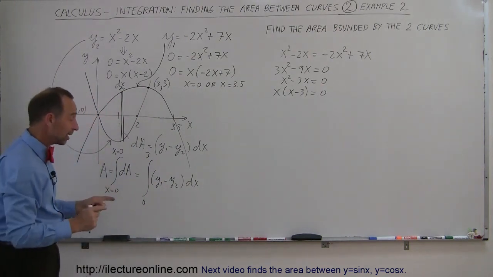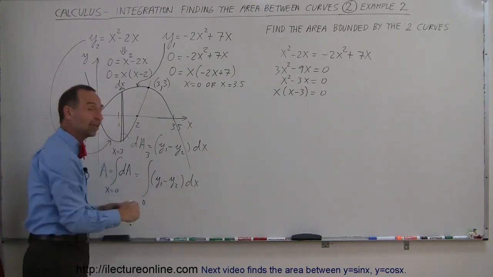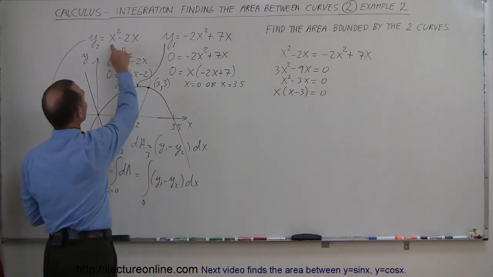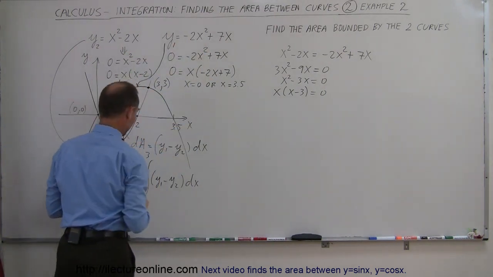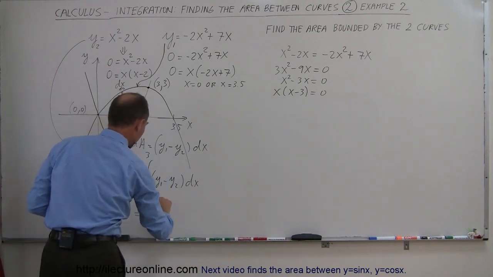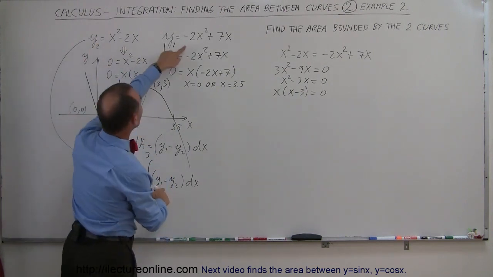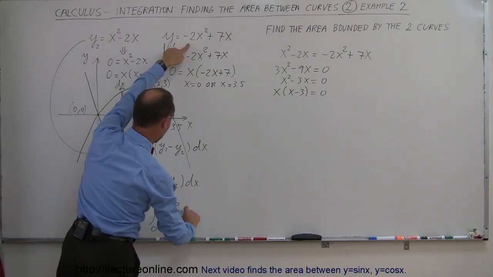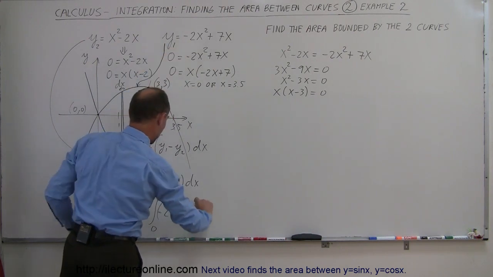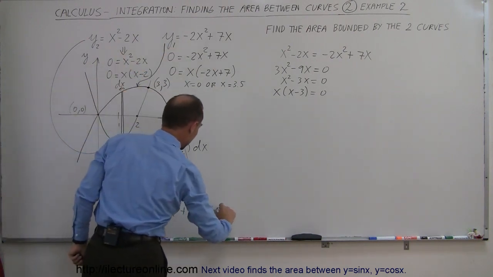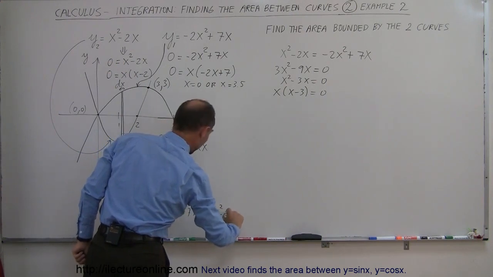And finally, since I cannot integrate y's and x's in the same integral, I have to express my y functions in terms of what they are equal to in x variables. So this would be equal to the integral from 0 to 3 of y1, which is minus 2x squared plus 7x, minus y2, which is x squared minus 2x.